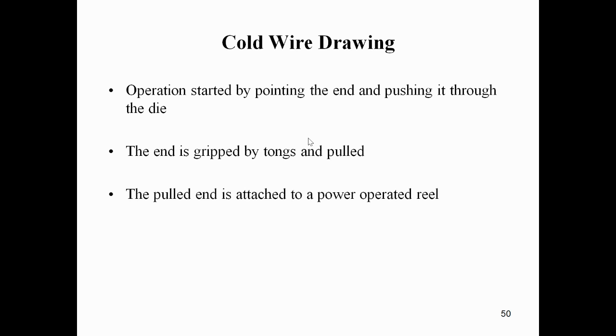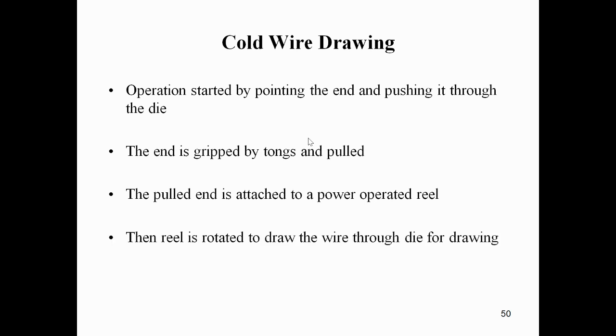Next, the pulled end is attached to a power operated reel. Then the reel rotates to draw the extruded metal into wire through the die.